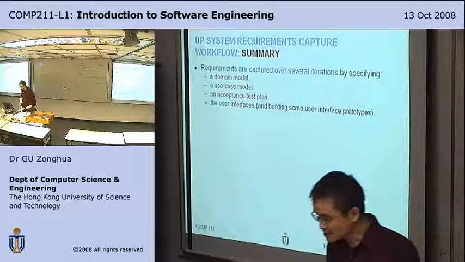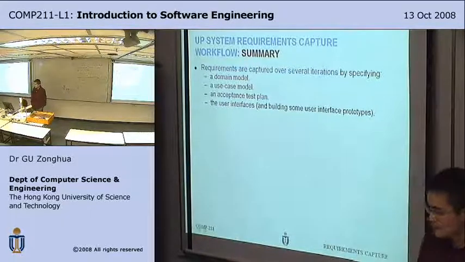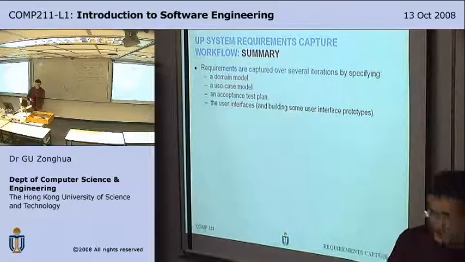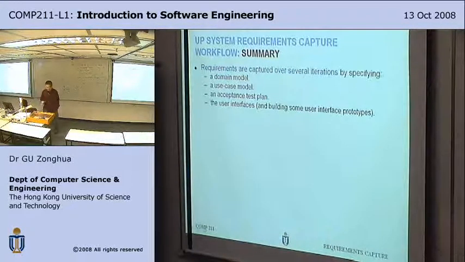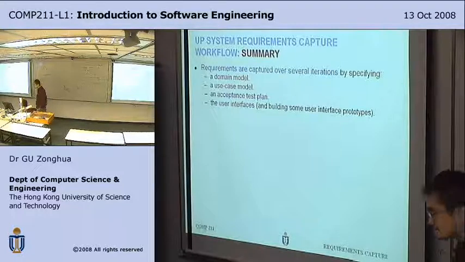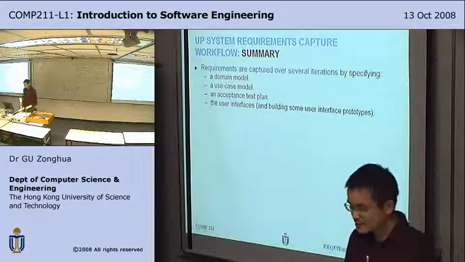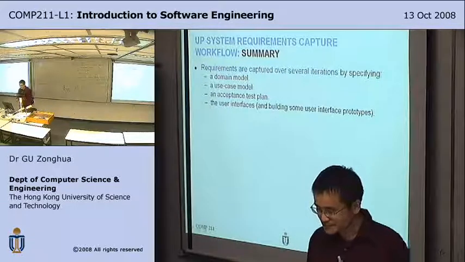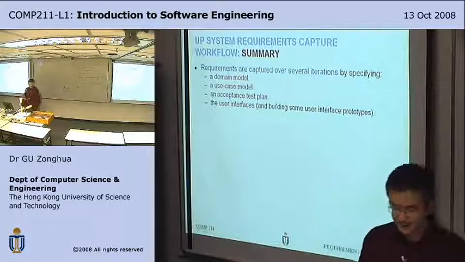So requirements are captured over several iterations by specifying a domain model, database, use case model describing functionalities of the system grouped into use cases, an acceptance test plan to validate the requirements, and user interfaces plus some UI prototypes.